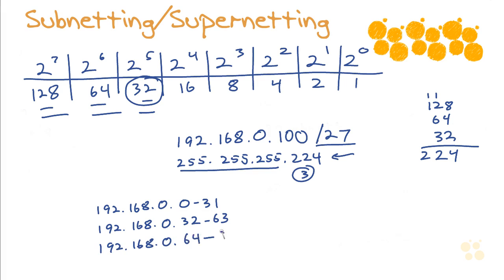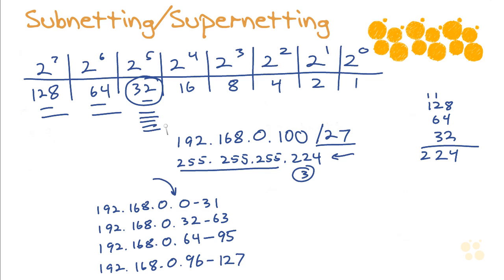It goes up to 95. 192.168.0.96 all the way up to 127. See how the subnets increment on that magic number of 32 from us going 3 bits deep into that particular segment?